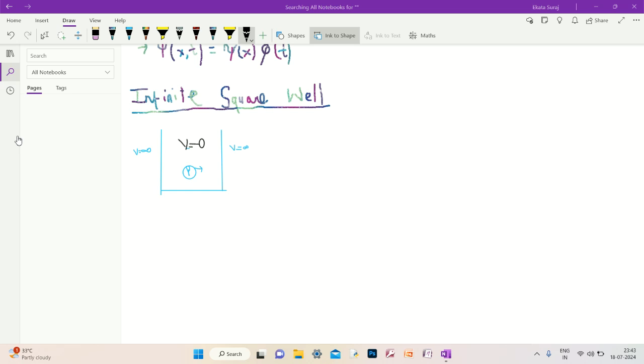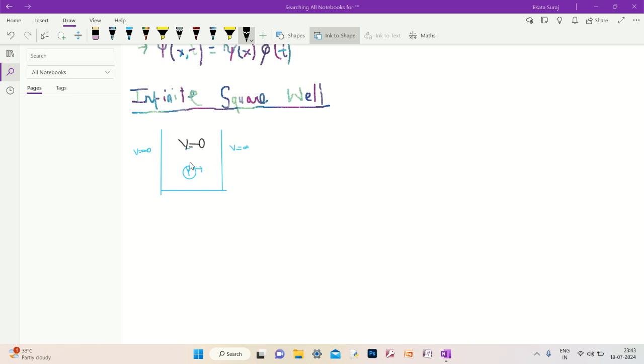The infinite square well is a well in which the potential energy at the walls is infinite. It means at the wall the potential energy is infinite, and in the outer region of the well the potential energy is also infinite.